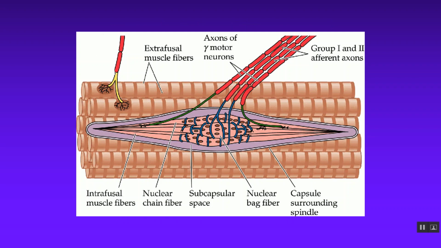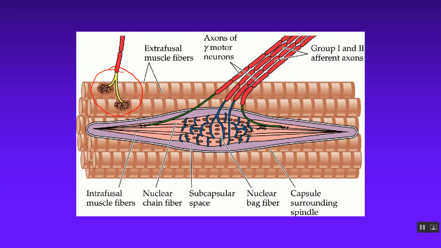So this is just showing you that fusiform structure, the muscle spindle within the striated muscle itself. This right here is an alpha motor neuron going to the actual muscle, to the striated extrafusal muscle fibers.